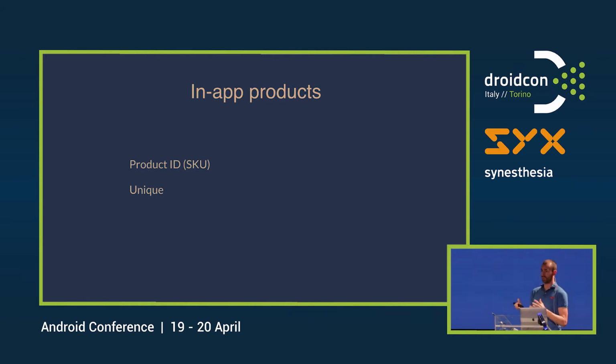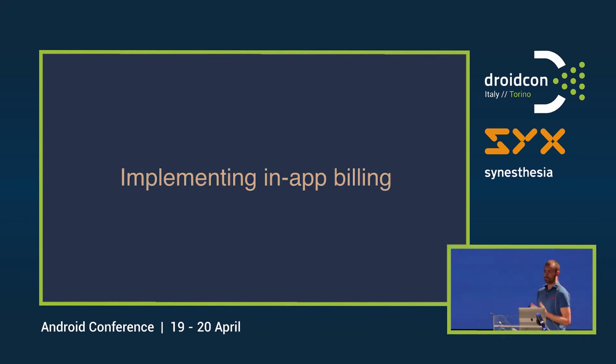But what it is in practice is the identifier for each product. It has to be unique, so that's really important. And if you try to create one in the Google Play console, this uniqueness is going to be enforced by Google itself. If you try to use the same one for another product, they're going to warn you, no, you cannot do that.